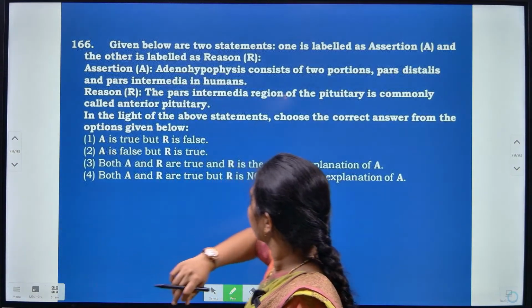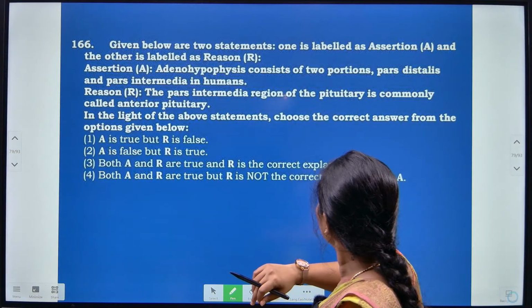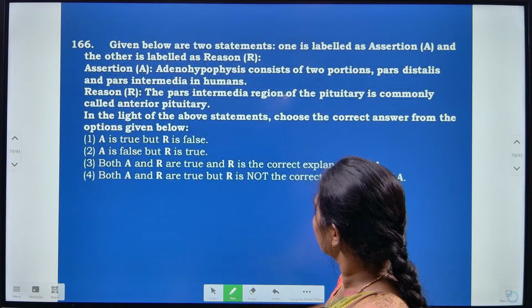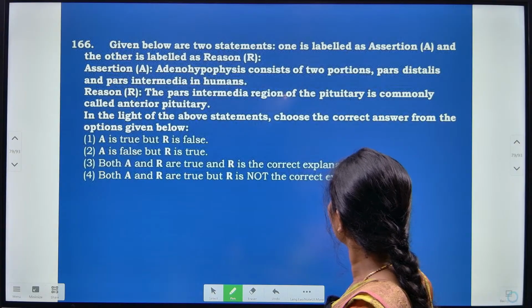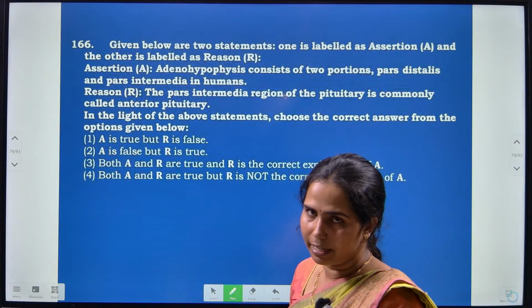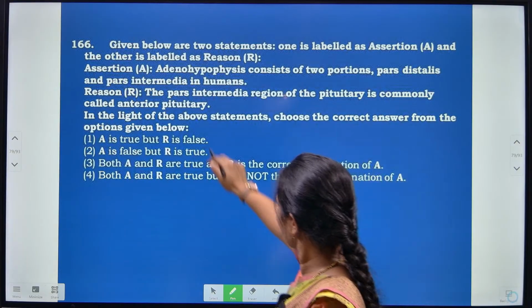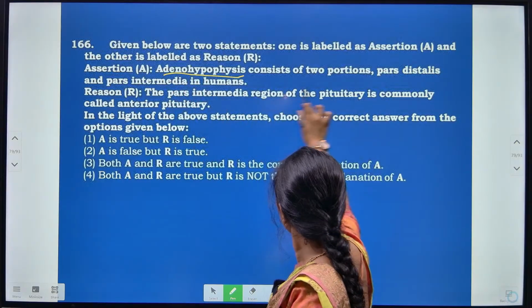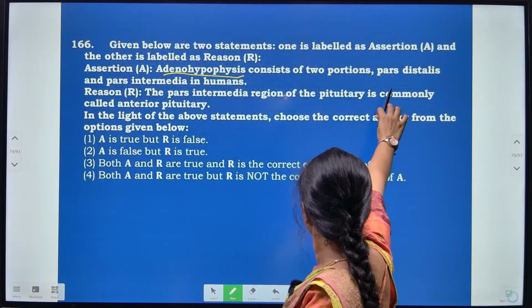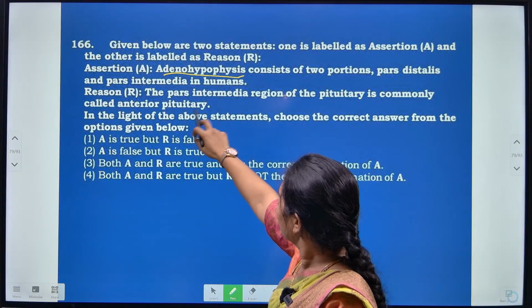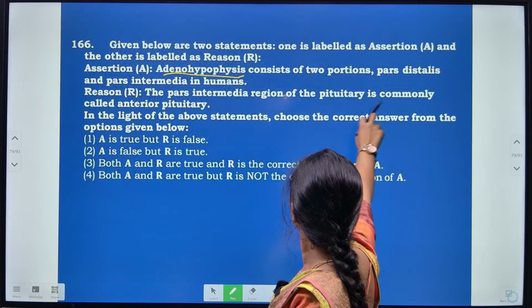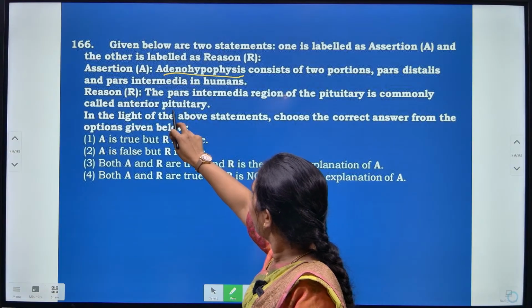Now, two statements are given, one labeled assertion and the other reason. Adenohypophysis consists of two portions: the anterior lobe of the pituitary gland itself is called adenohypophysis, which has two parts, pars distalis and pars intermedia in humans. The pars intermedia region of the pituitary is commonly called the anterior pituitary.